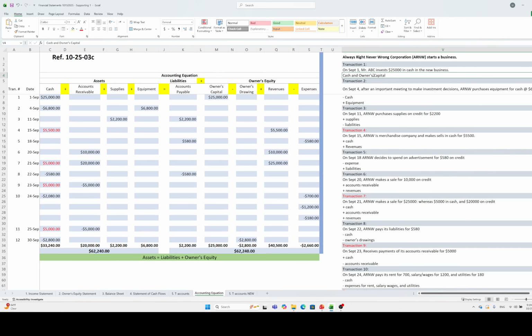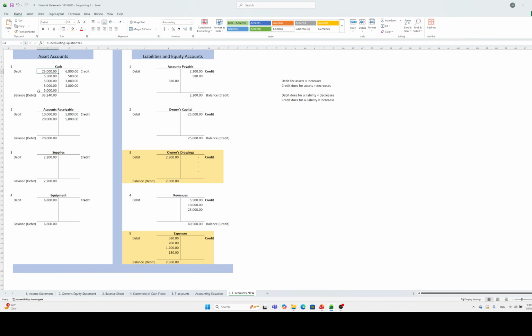That means cash is increased, and then owner's capital is also increased. So I'm going to make it easy to follow, I'm going to change the color so that both transactions are the same. So the cash is debited. That means cash is increased by $25,000. Where is that $25,000? It's here.